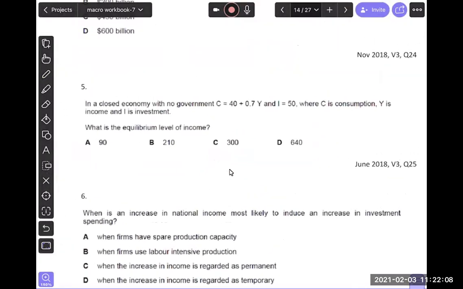In a closed economy with no government, C is 40 plus 0.7y, I is 50. What is the equilibrium level of income?